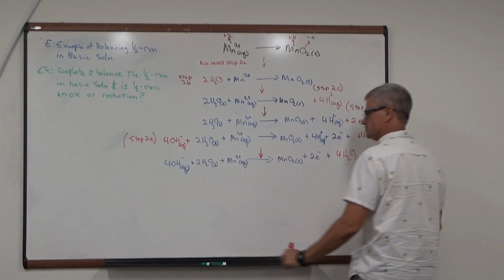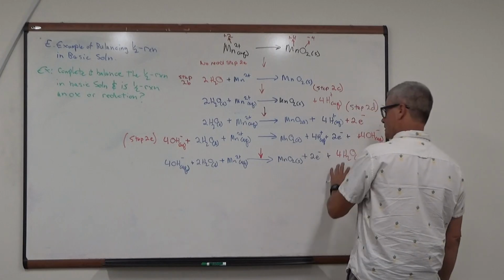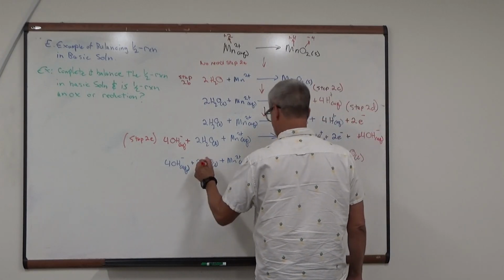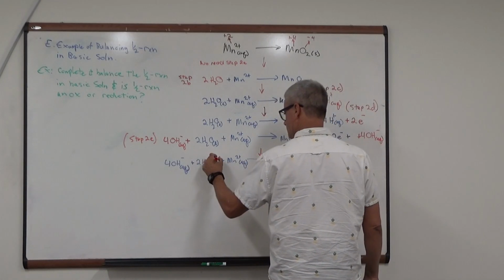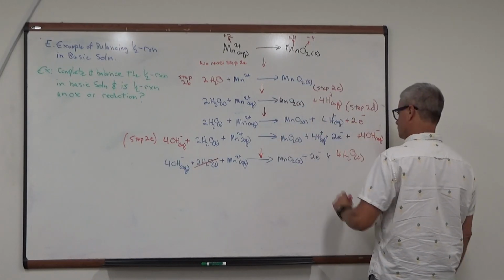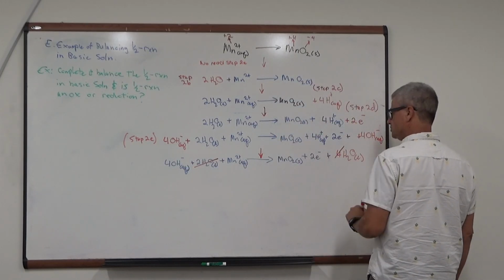So we've got 2 waters over here and 4 waters over here. We can cancel at least 2 of them, so those go away, and this will change to 2.